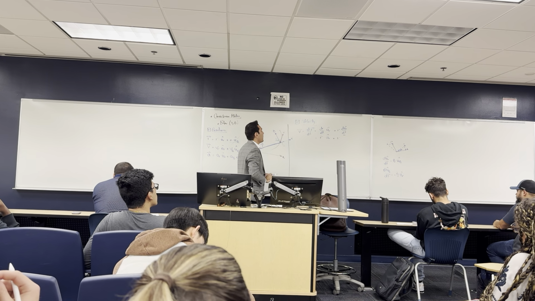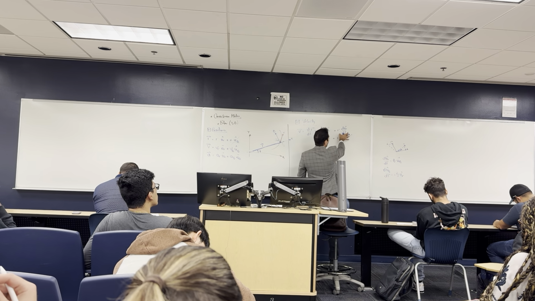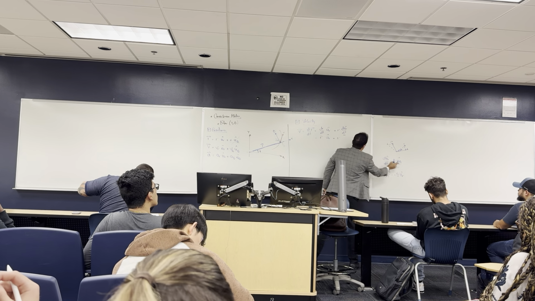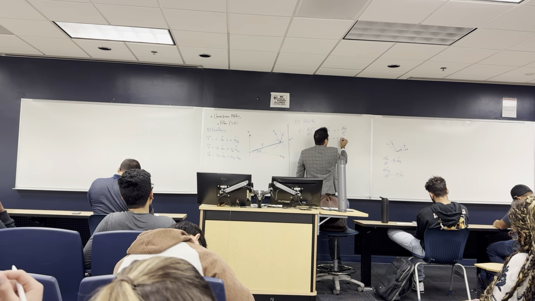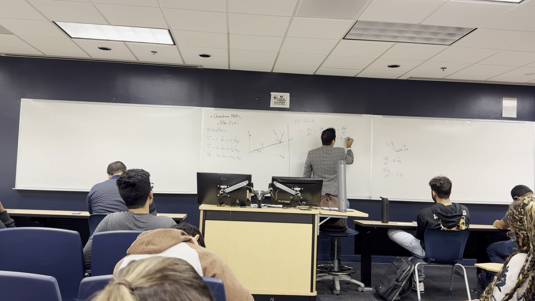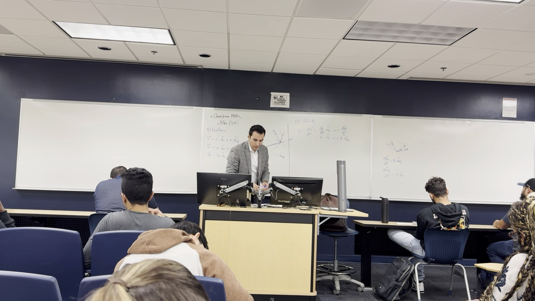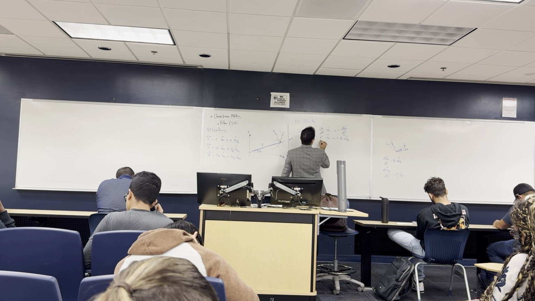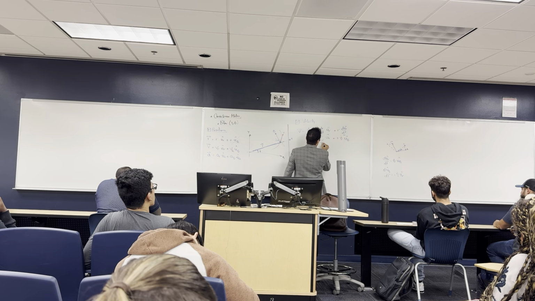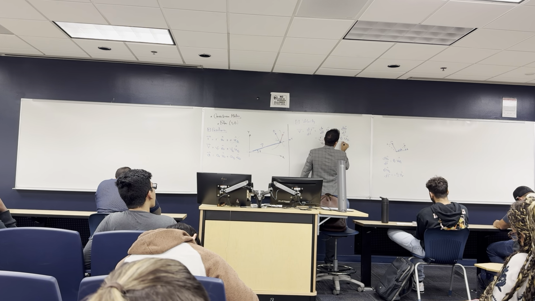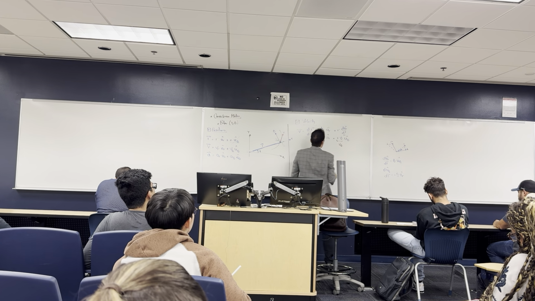So I'm gonna replace dur hat dt with this value. It's gonna be r theta dot in the direction of u theta hat. So this is the velocity, and this component we call vr, and this component we call v theta.